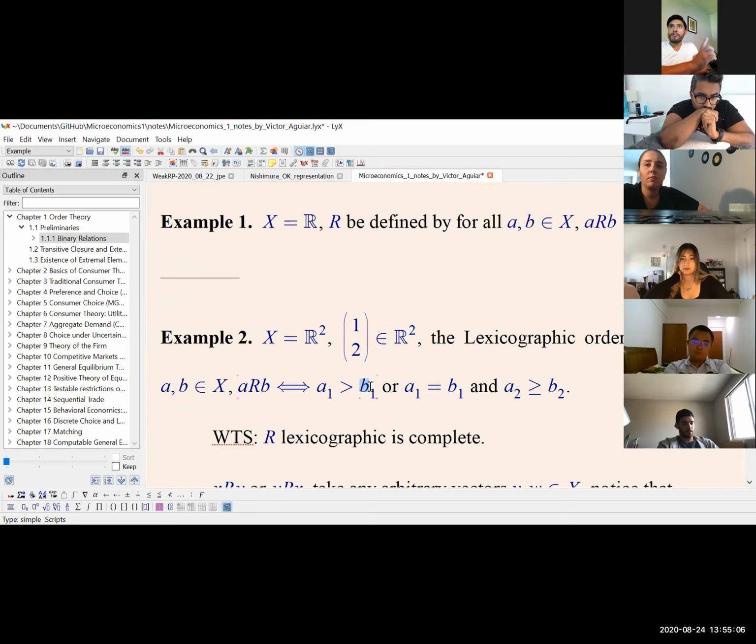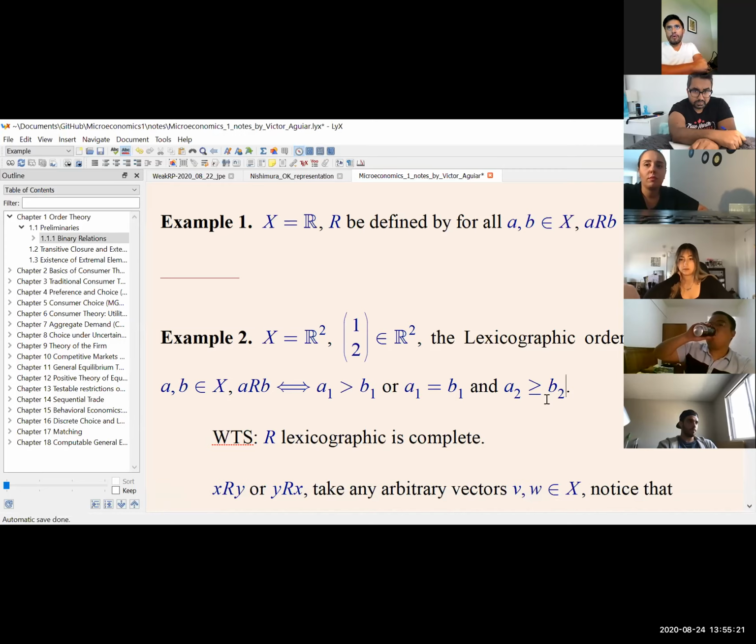So I only care about sunny first, okay? And then only if sunny is tied, so you get the same money for that state of the world, then I consider the second state of the world, okay? And then I consider rainy because sunny is the same. So this is another way to rank them, and this is called a lexicographic ranking, okay?